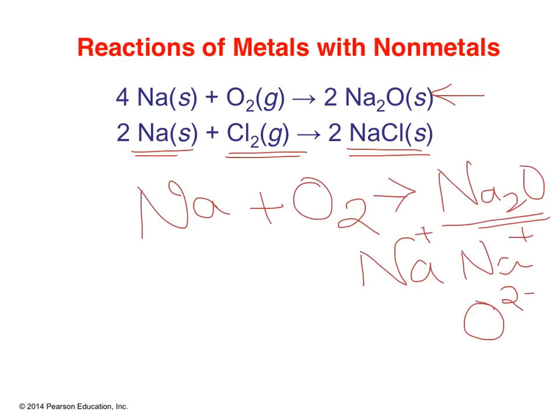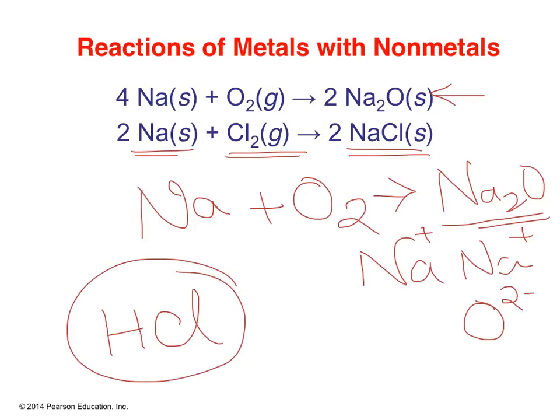Now what you need to remember though is that transfer of electrons does not need to be a complete transfer. It can also be sharing or unequal sharing of electrons. So, for example, when hydrogen chloride forms, chlorine has a larger share of the electrons. If this is the bond between hydrogen and chlorine, one bond includes 2 electrons.